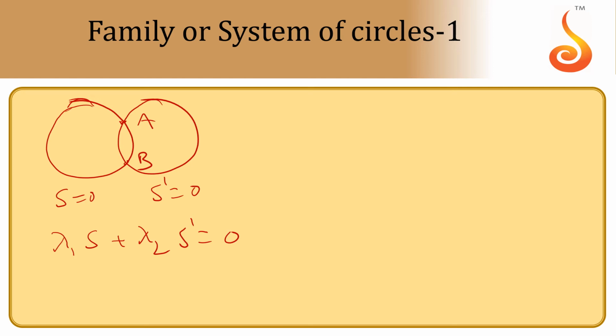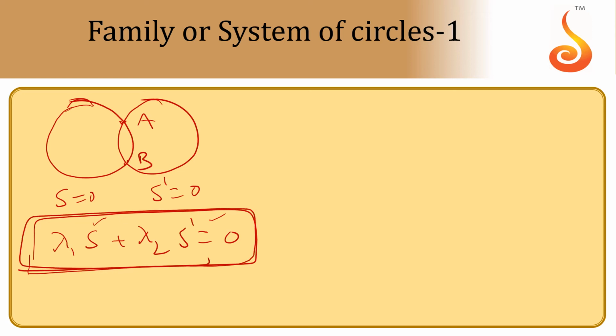The result will be a second degree equation in which the coefficient of x square and the coefficient of y square will be equal and the coefficient of xy is not there. So this equation which we created will be a circle. And if you observe carefully, A and B satisfy this new equation. Therefore, this should be a family or system of circles passing through A and B. So if lambda 1 equal to 0, you will get the S dash circle.